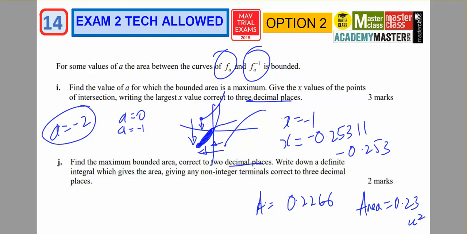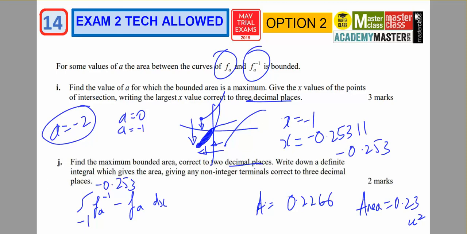And I've got to write a definite integral. Okay, so the definite integral will be from -1 to -0.253 of, there's a number of things I can do here. I can do top curve, which is f of a -1 minus bottom curve, which is f of a, dx.